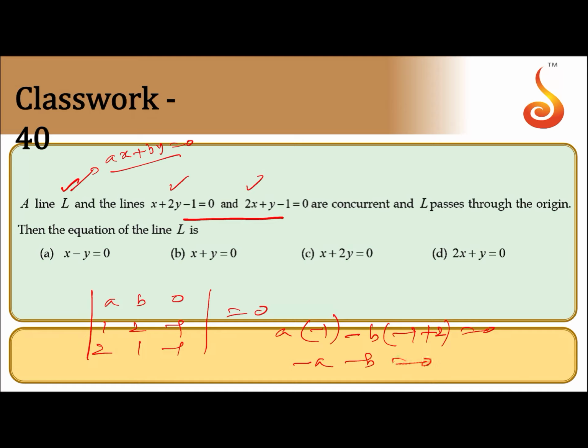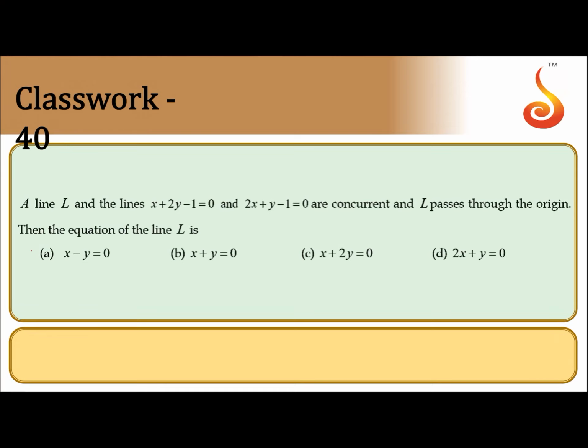So minus 2 plus 1 minus 1, minus B multiplied by minus 1 plus 2. Yes, of course, you'll be getting A plus B is equal to 0. A is equal to minus B. Substitute it: AX plus B Y, with B equal to minus A, is equal to 0. So therefore, X is equal to Y will be the answer for the problem.